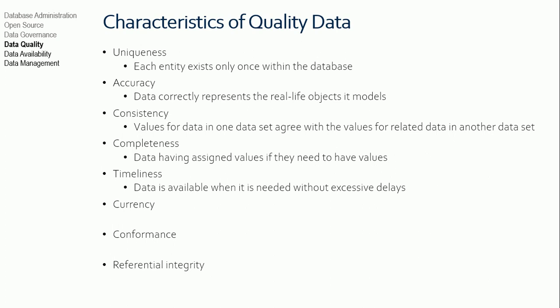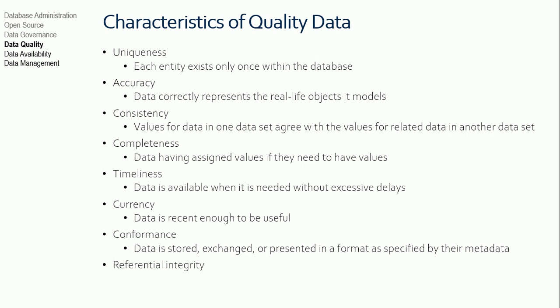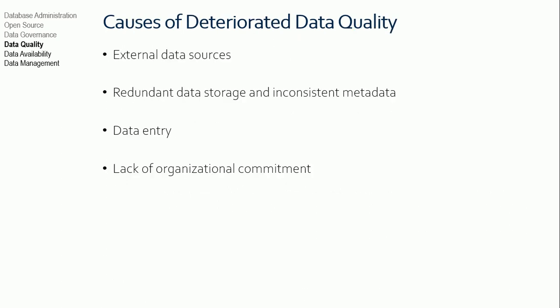There's no excessive delays when we're trying to access it. The data is recent enough to be useful. It conforms with regulatory compliance, and it has referential integrity, which we've talked about before when we do normalization, right? And I know some database engines don't enforce that referential integrity, so that's a decision that we have to make. But certainly you can see how referential integrity can help ensure the quality of our data.